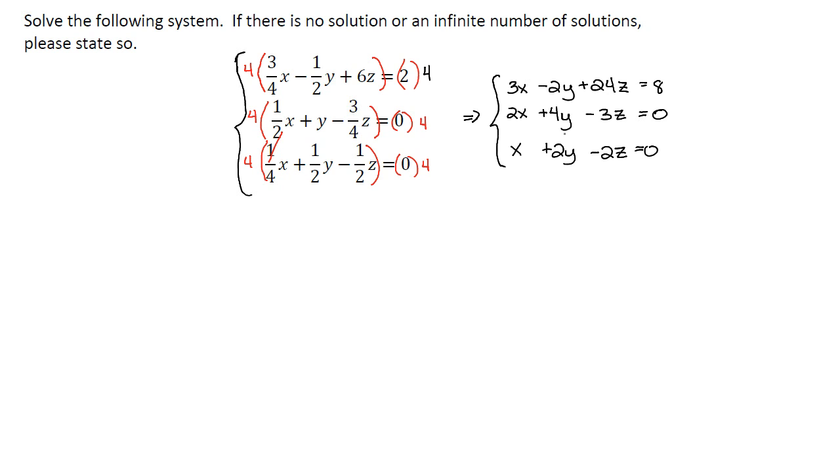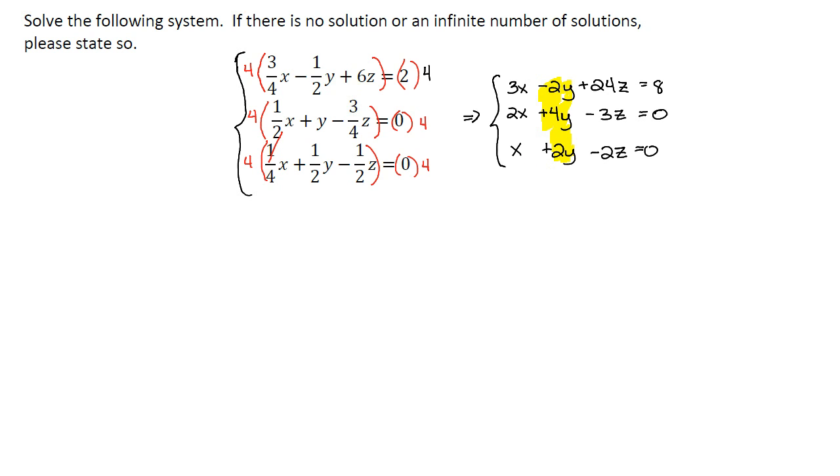Alright, so now that we have these very nice equations, we have to decide which variable we want to kill off. To be honest with you, I think it's easier to kill off the y's than anything else. So I'm going to kill off the y values here. Let me highlight the column that I'm aiming to work with.